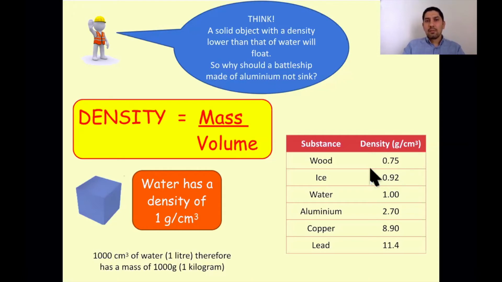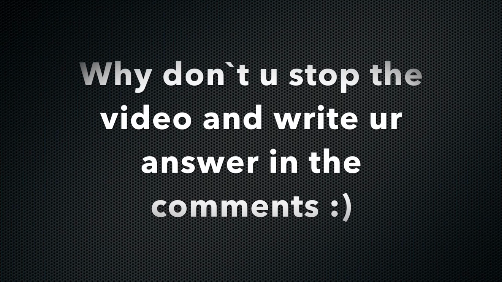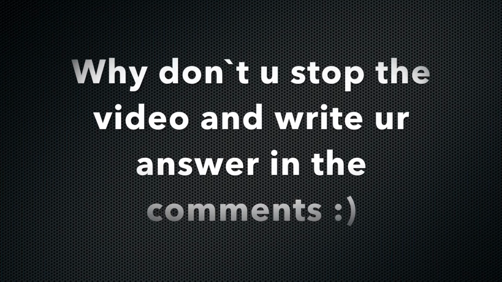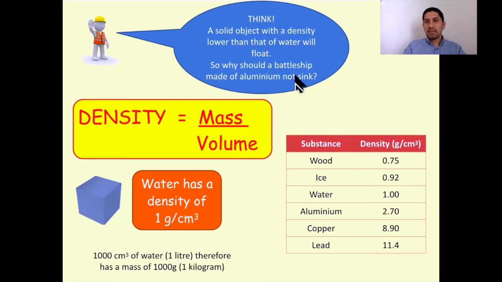But how about the battleship made from aluminium? The battleship floats on water. Why doesn't it sink? What do you think? Can you write your answers? Yes, you are right.